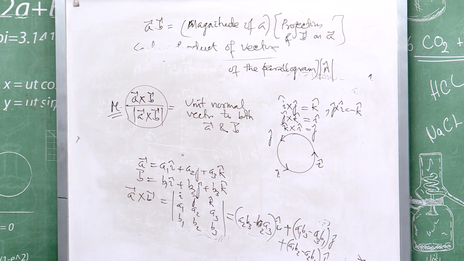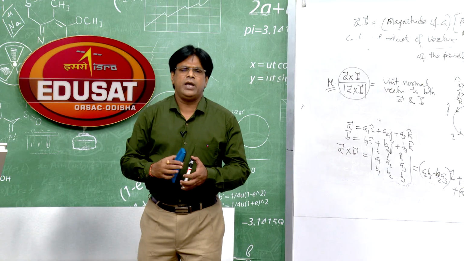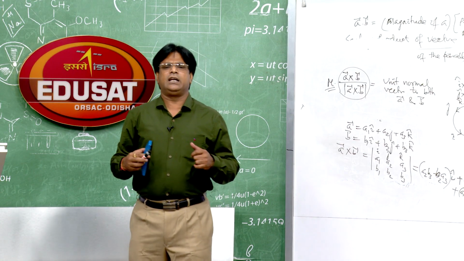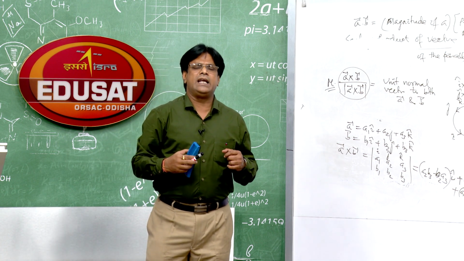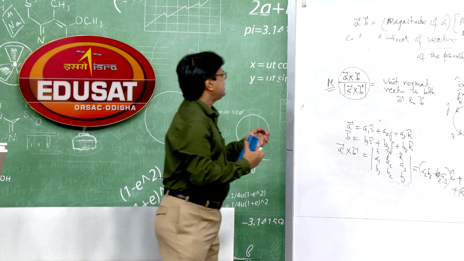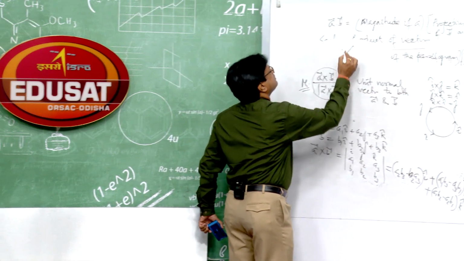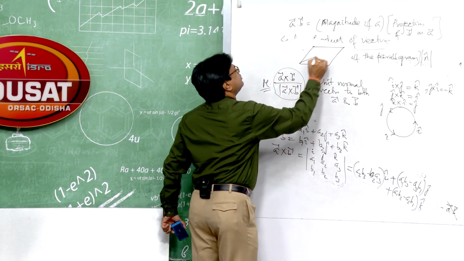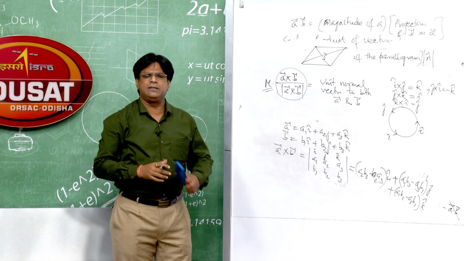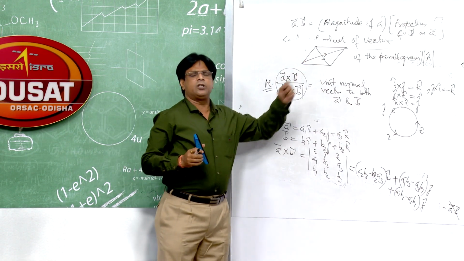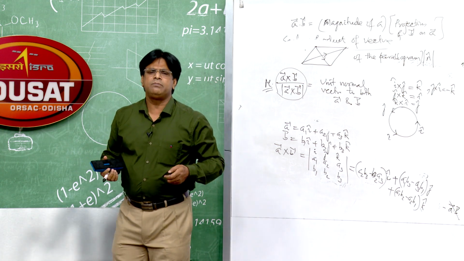The area of the parallelogram with adjacent sides A and B is given as what? The magnitude of A cross B. The area of a quadrilateral ABCD is given by half of AC into BD, where AC and BD are diagonals. Suppose the two diagonals of the parallelogram are given, then you can also take the cross product of these and the magnitude of this, half.